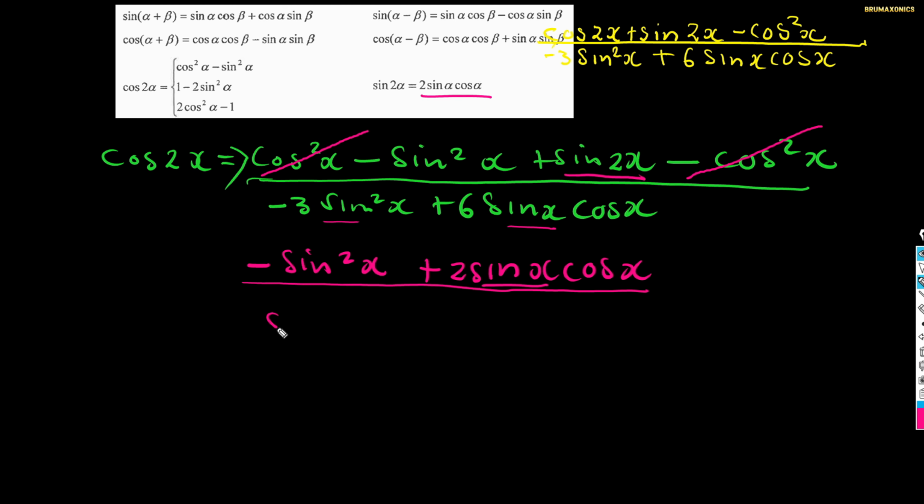So that will be sine x into, so I'm taking sine only, negative 3, the plus of 6 cos x, right?